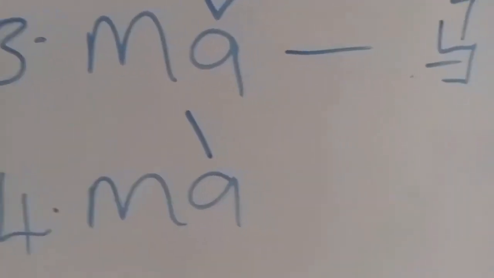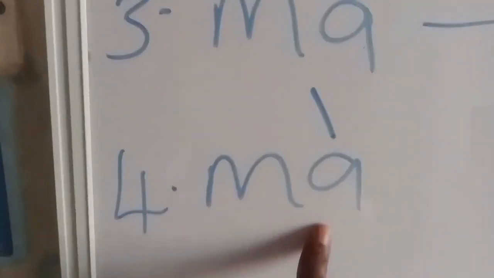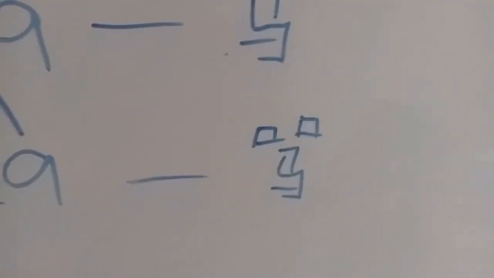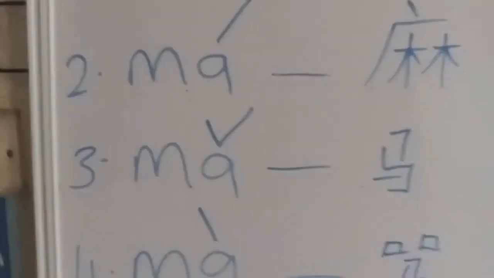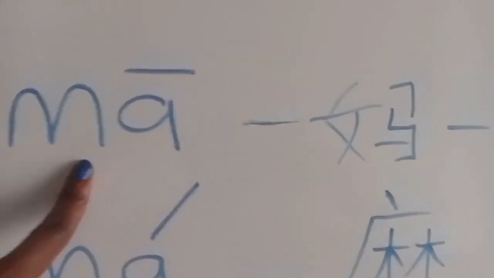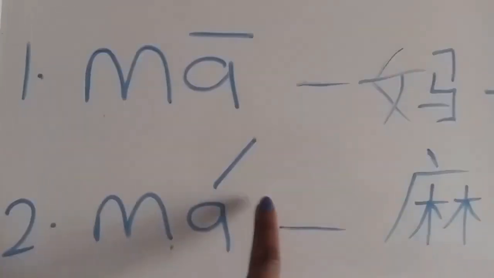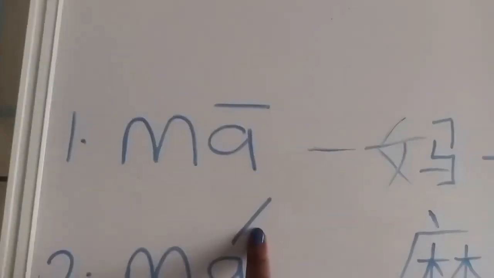Now, this one is like insults. It's an insulting word. This is the character for it. If you want to say mother, and you do not put this tone here and you go and put this tone, you see, it no longer means mother.